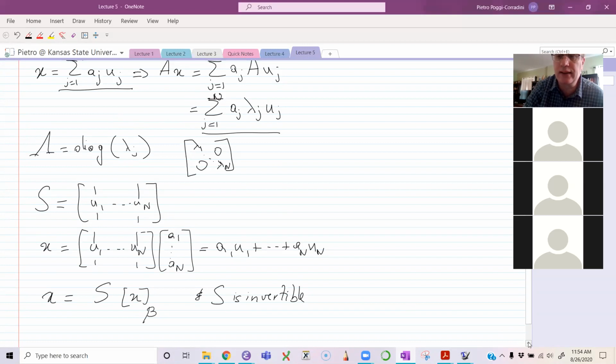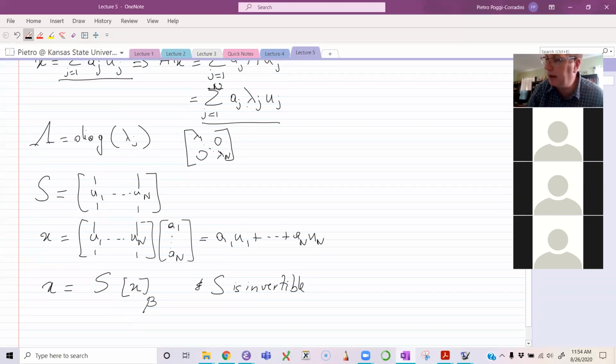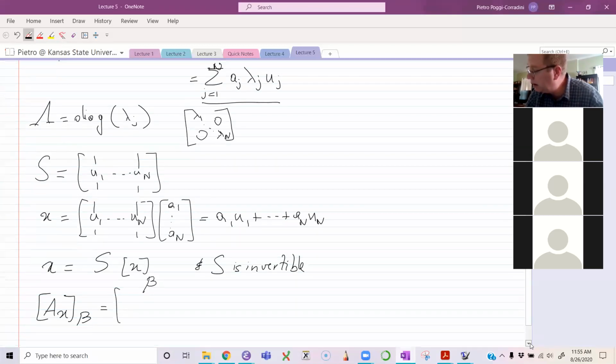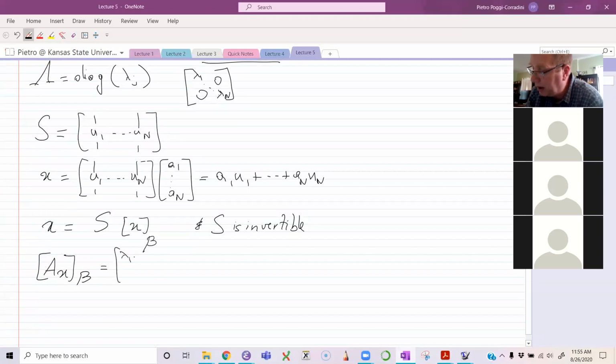And so we can rewrite what we did up here by saying that AX in the coordinates of the B basis, these are the new coordinates, AJ lambda J, are going to look like this: lambda 1 A1, lambda N AN.